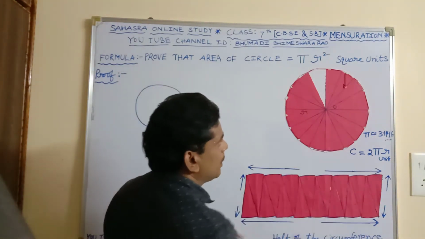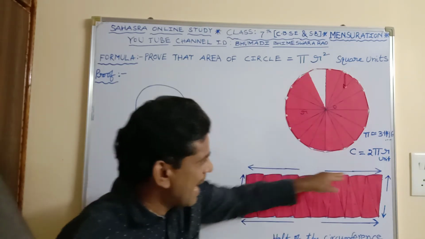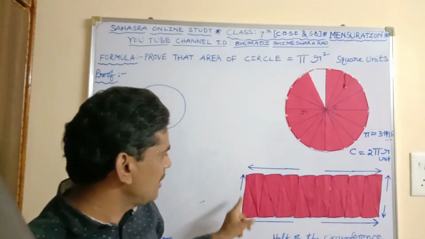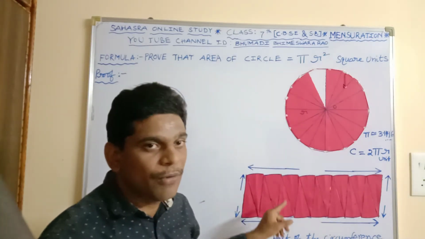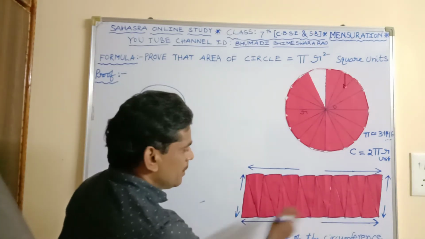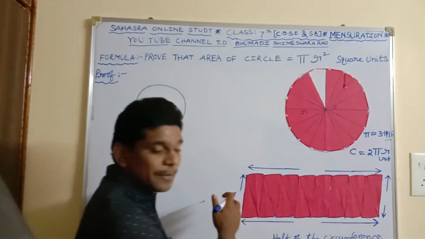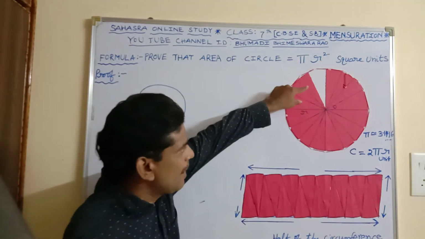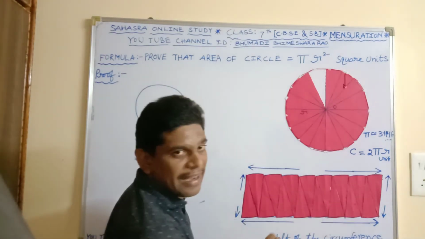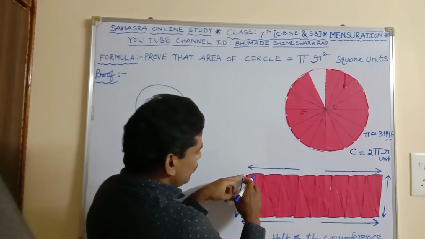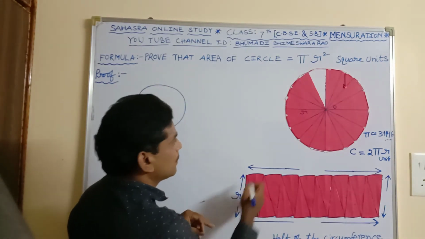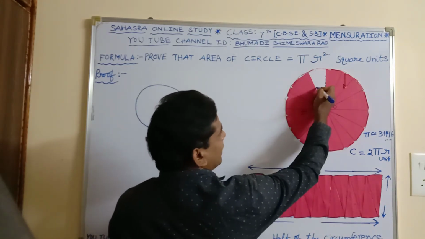So in the rectangle, what are the length and breadth? The breadth of this rectangle is its radius only.